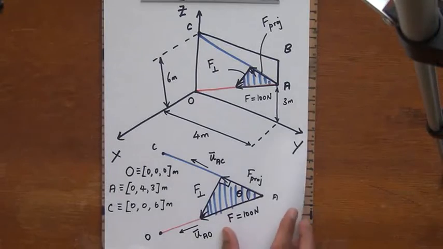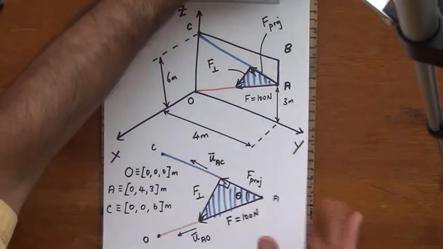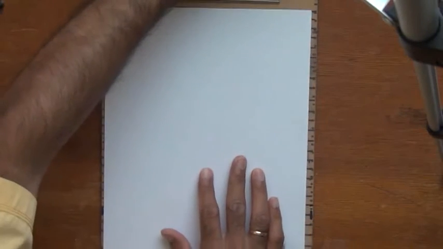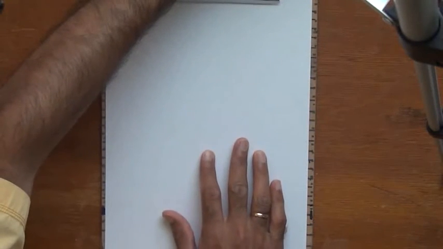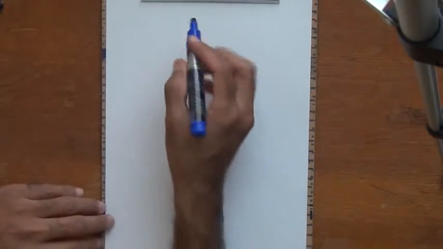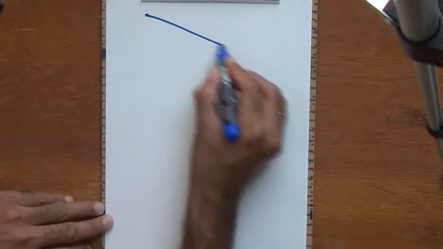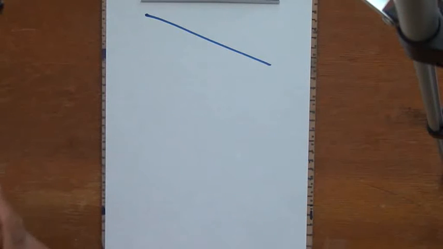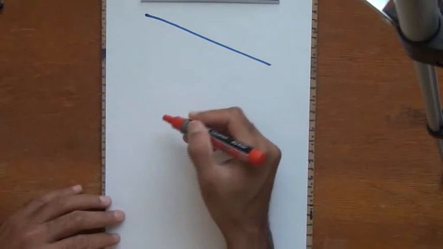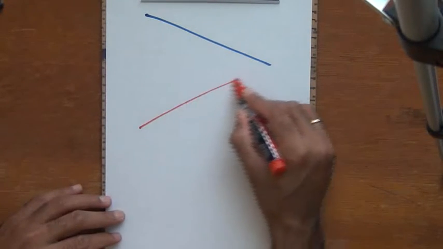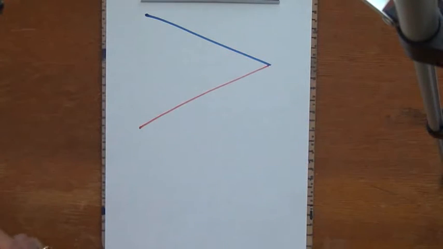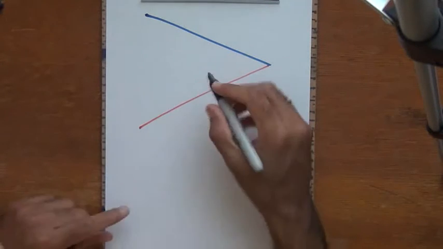Alright, and we are going to look at this figure once again. I'm going to redraw this figure once again, much to I guess everybody's consternation, but this cannot be helped. So here is the picture redrawn once again. I have point A and C shown in blue, then I have the point O and the point A shown in red, and then I have the force vector there.